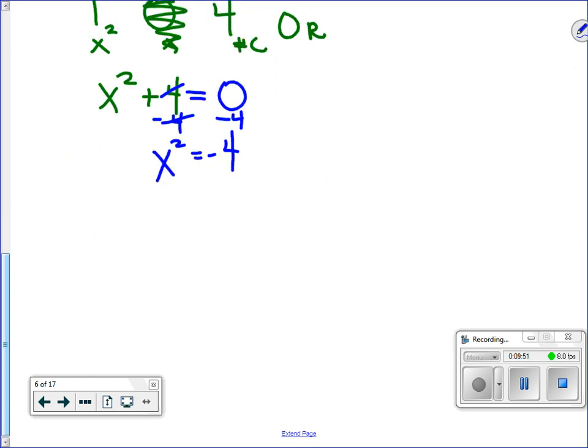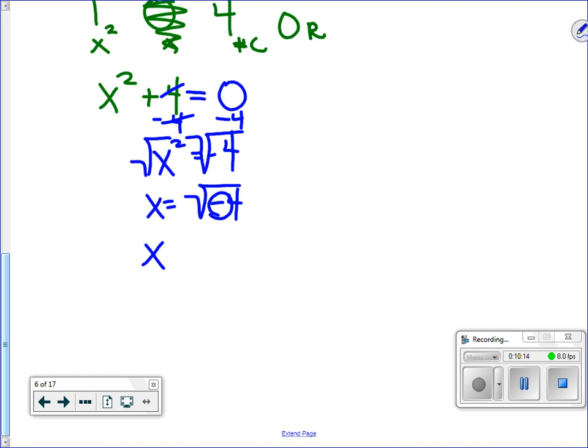Now I'm really hoping you remember what to do here. X squared, to get rid of that, you square root. So you have x equals the square root of -4. Now the square root of 4 is 2, but because it's negative, sorry, I should have showed that. Actually, what I should have showed is that it's just an x.